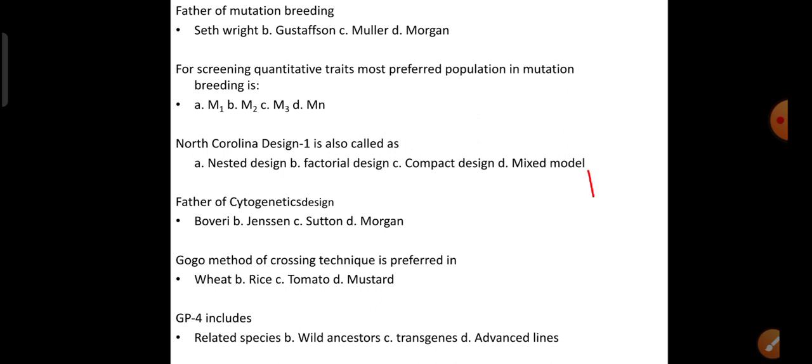Let us see the contribution of three more scientists. Seth Wright, he worked with the male lamb. He found the mutation for the first time. Then Muller's work was to discover the mutagenic action of X-rays in Drosophila. For that work only he got Nobel Prize in the year 1946. Then Morgan's work was in linkage and sex linkage.